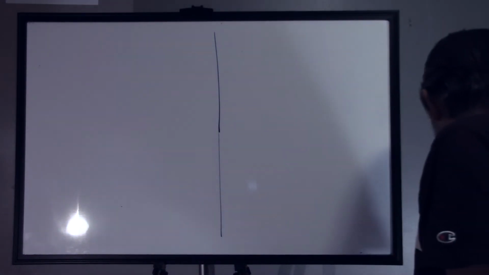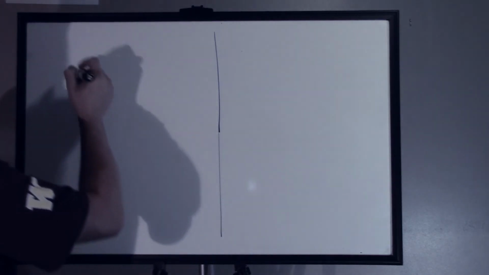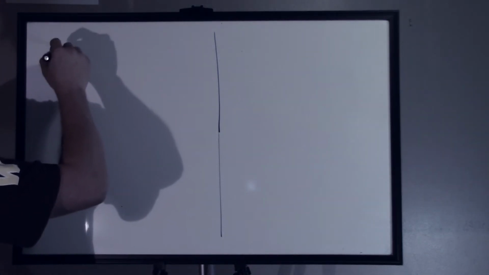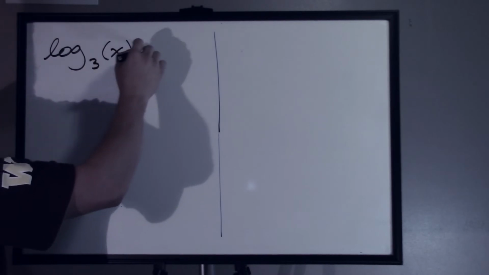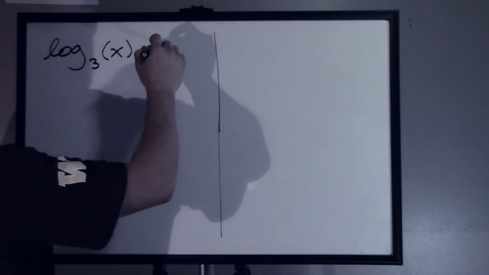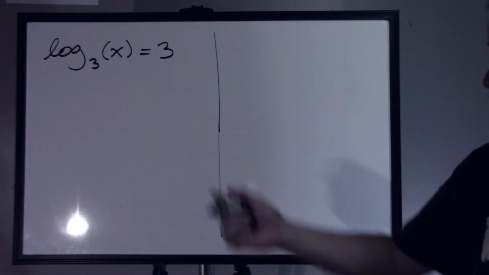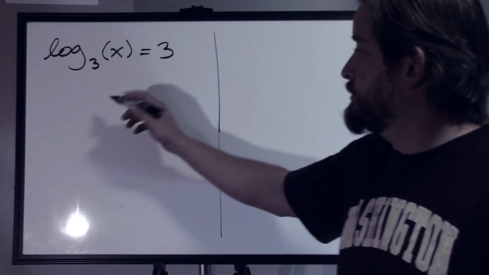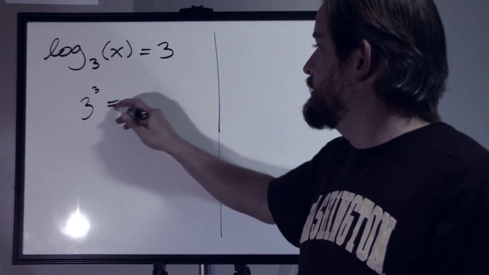Let's look at this one here. Let's say I have the log base 3 of x equals 3. Again, that log is already isolated, so I'm going to rewrite this as 3 to the 3 is equal to x.